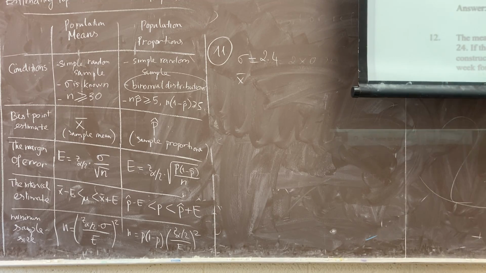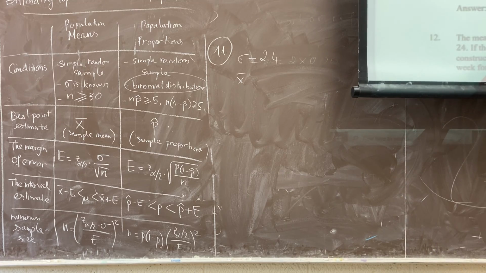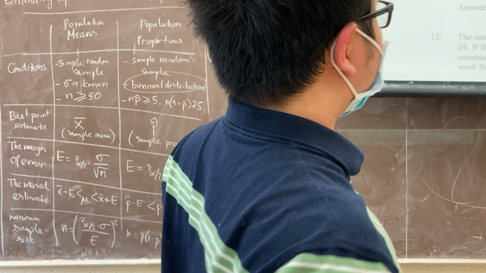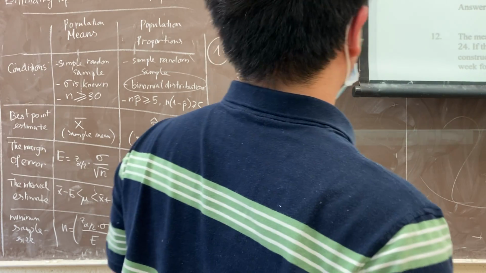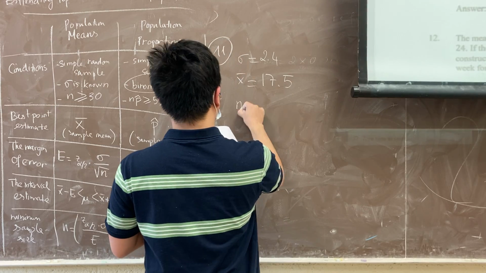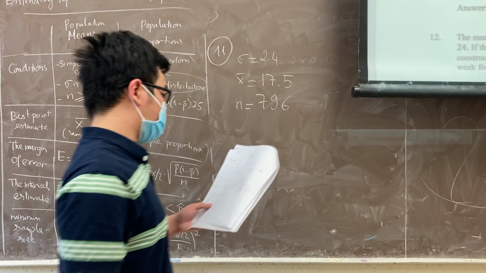The mean electricity used per family was found to be 17.5 per day for a sample of 796 families. So x bar here will be 17.5 and n here will be 796.